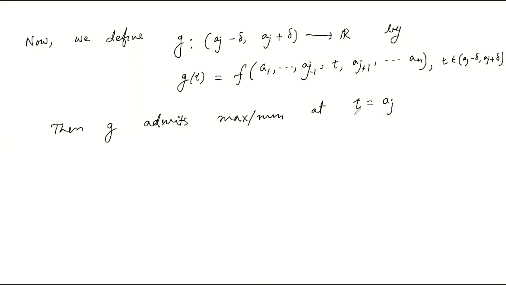So at t equal to a_j, g admits a max or min, and therefore the ordinary derivative of g at the point t equal to a_j is equal to 0, and this is exactly the jth partial derivative of f at the point a. So this is equal to 0. This is what we wanted to prove. So this completes the proof of theorem 2.